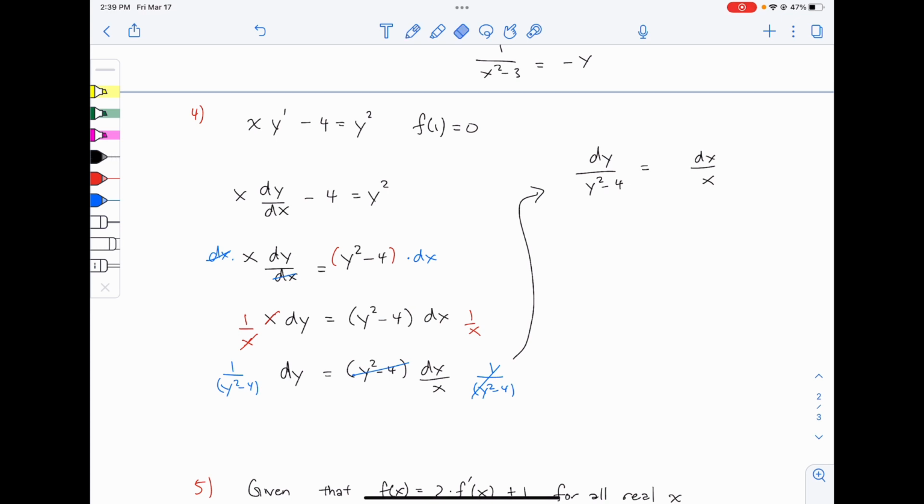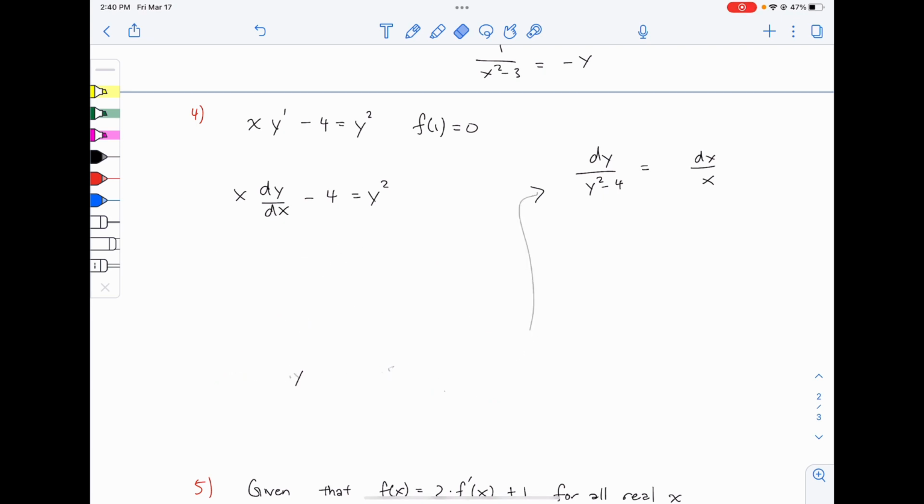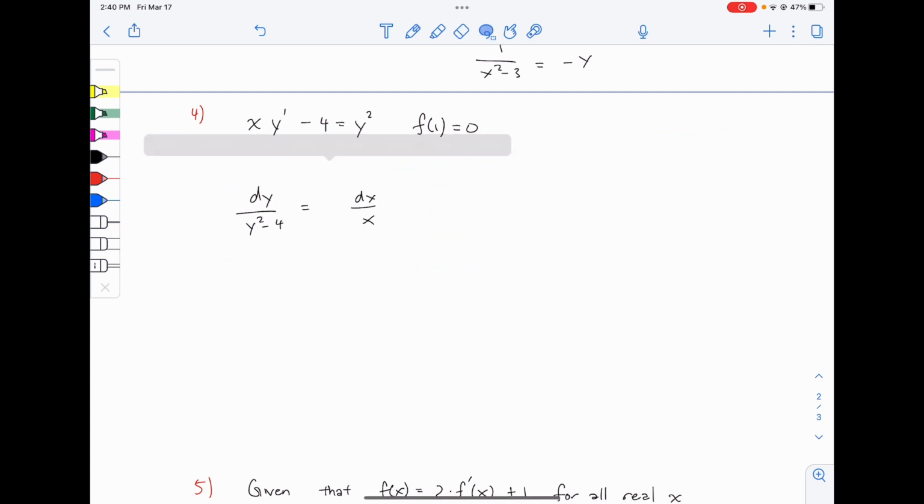Okay. So I'm going to erase most of the stuff here just so we have a little bit more room. Now we integrate. I'm going to change this as 1 over y squared minus 2 squared dy is equal to 1 over x dx. Because you're supposed to realize here that this is a special antiderivative.